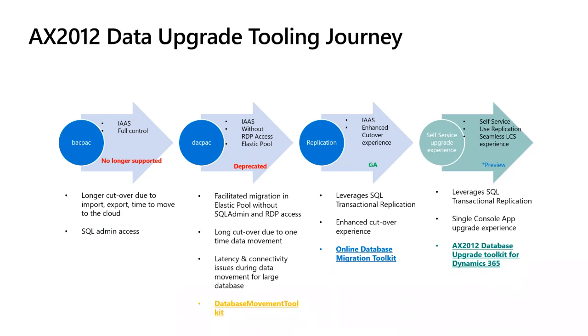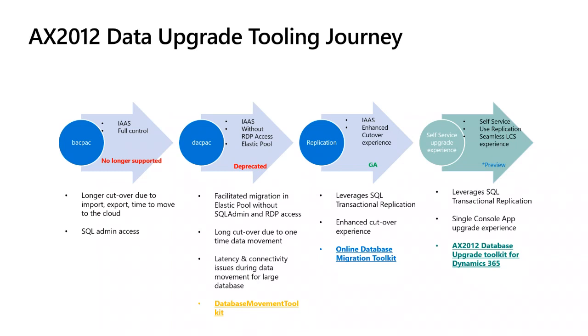Now, as we moved customers' databases to Elastic Pool, where the latest innovation and investments are happening, it was not possible to provide full control of VMs and Azure SQL. Therefore, the bacpac process came into play that actually facilitated data movement in Elastic Pool Azure SQL database without needing RDP access to the VMs and SQL admin credentials, right?